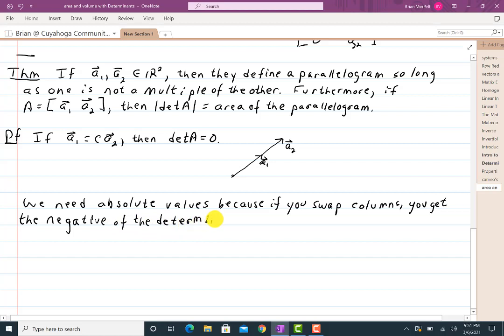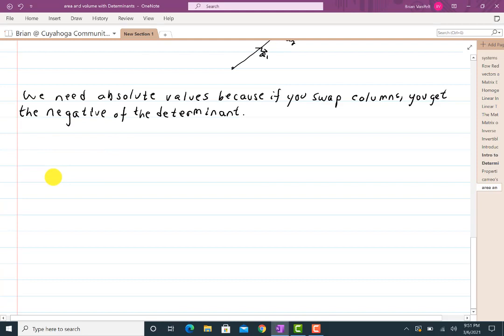Well, no matter what, the determinant can be positive or negative, but the area is never negative. So we need absolute values, because what you call A1 and A2, I may somehow call A2 and A1. I'll flip the columns inadvertently, and I'll get a negative of your answer, but once we throw the absolute values around everything, it takes care of that.